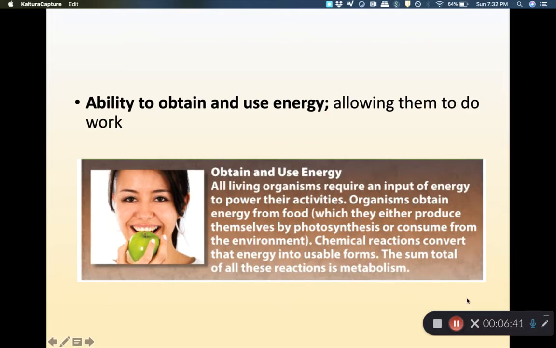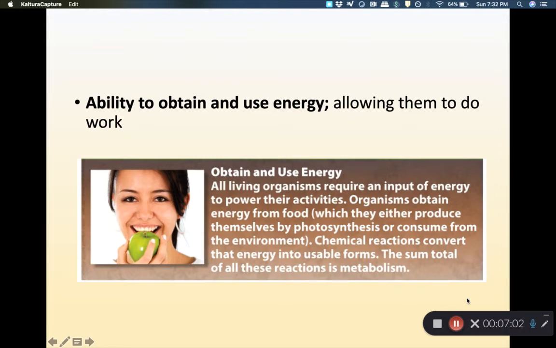Again, all of these tend to be interconnected to one another. So it's good to think of these things in terms of, okay, I need to be able to react and respond to stimuli. A reason why I might do that is to obtain energy.